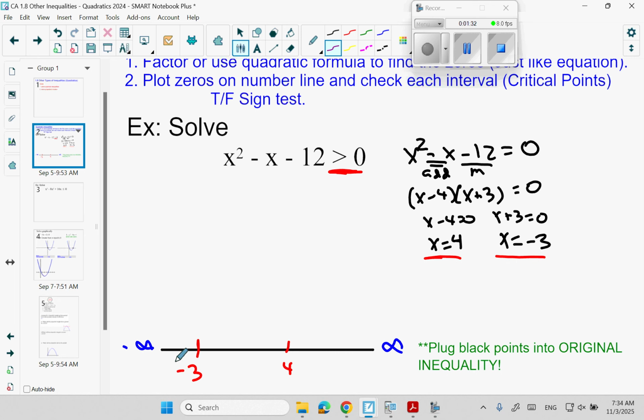So a number less than negative 3, let's say for the sake of argument, negative 4. A number between negative 3 and 4, so something like 0, and a number bigger than 4, something like 5. What I can do is take those values and plug them into the original inequality and see what's going on. So let's say I plug in negative 4 into my original inequality.